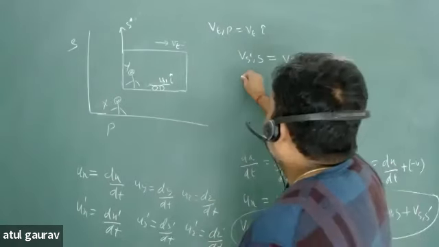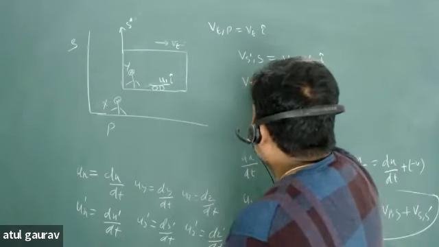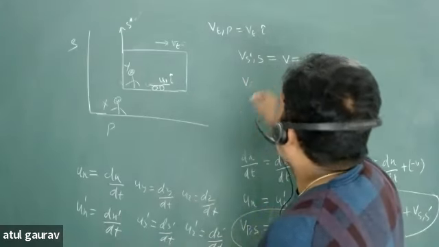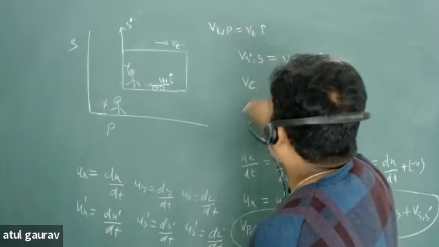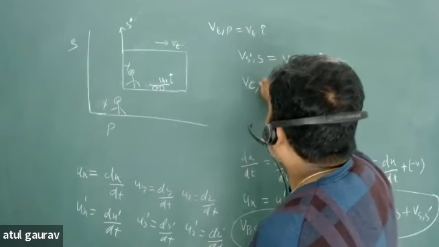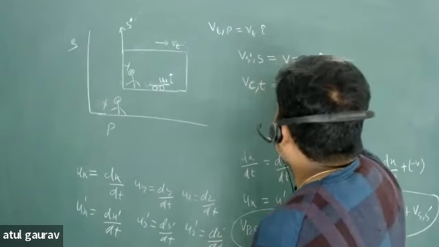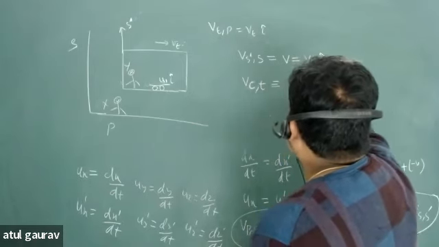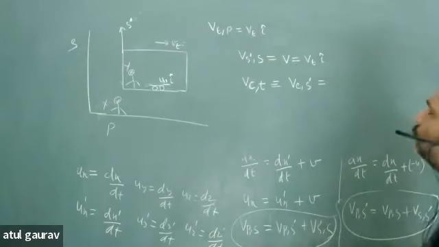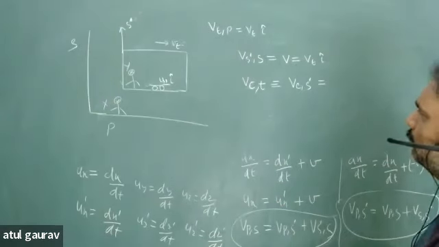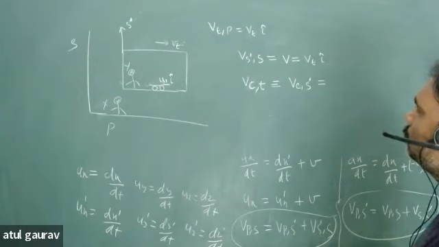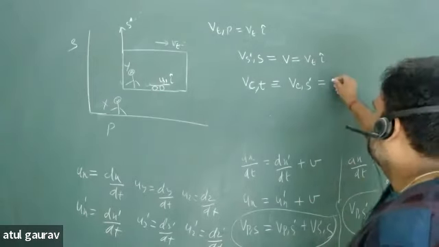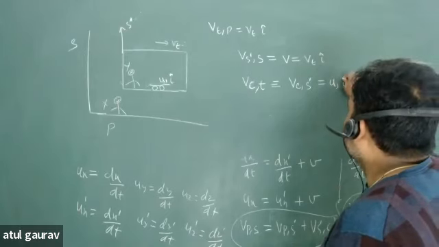Now, velocity of the car with respect to the train, that is equivalent to velocity of the car with respect to S dash, isn't it? What is this one? u1 in the i cap direction.